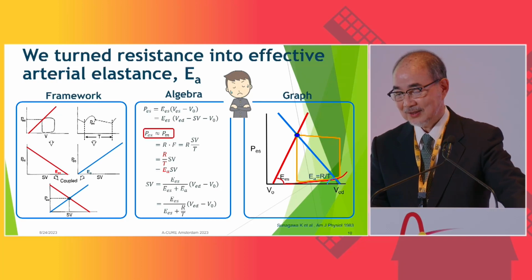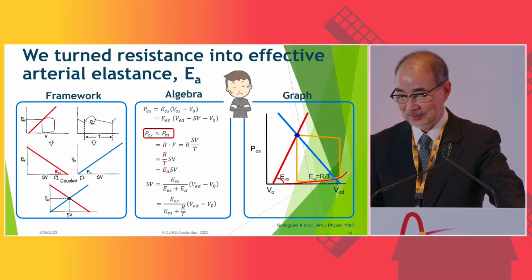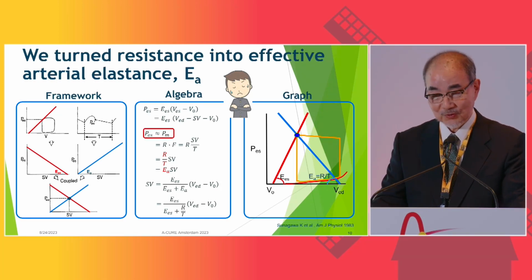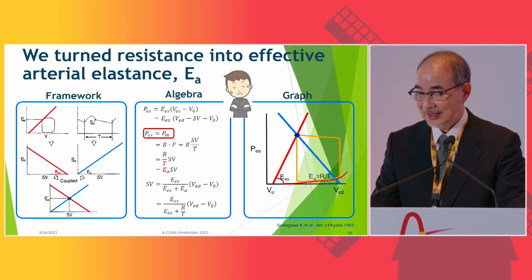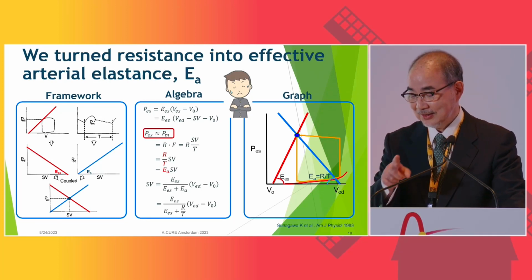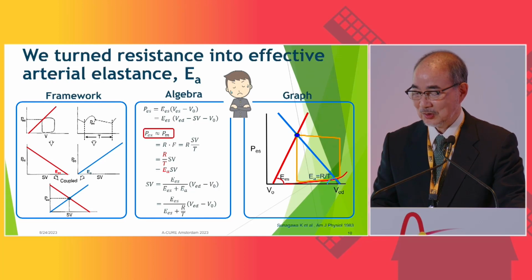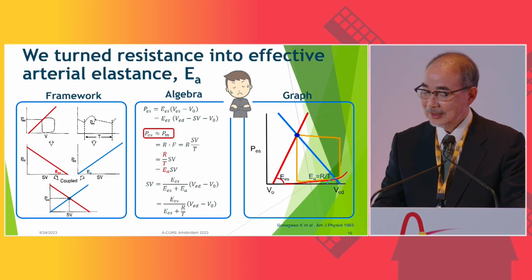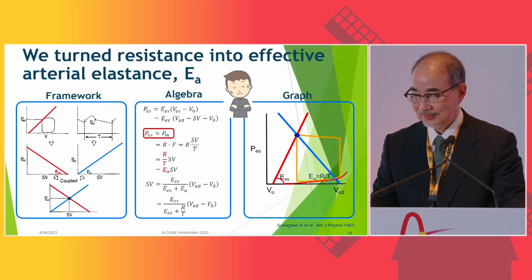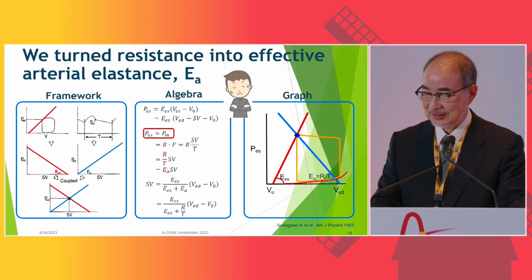Suppose that you have fixed end-diastolic volume, then change stroke volume and measure end-systolic pressure. Then you can get the second panel showing the end-systolic pressure-stroke volume relationship. That's okay for the left heart, but how about the aortic system?